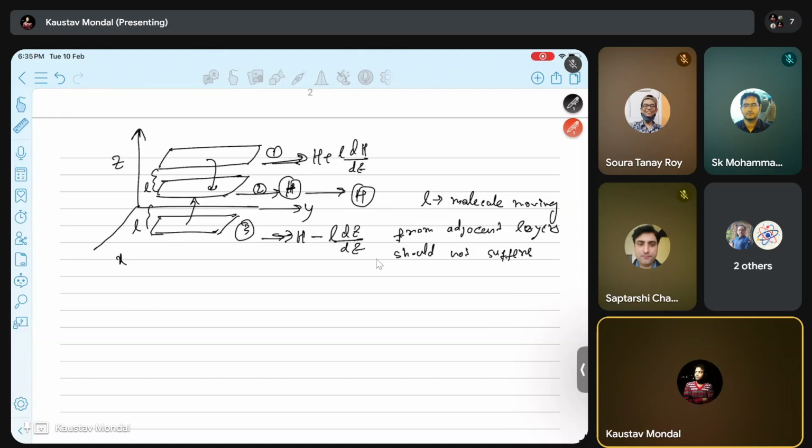This is the approximation or assumption we should consider.